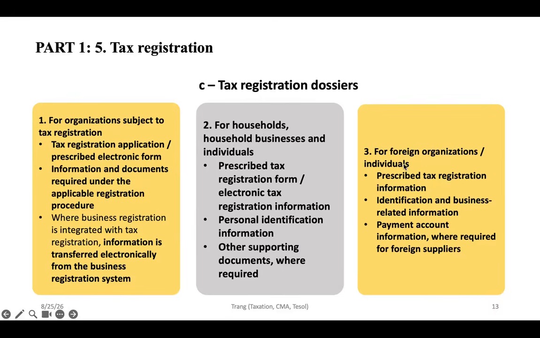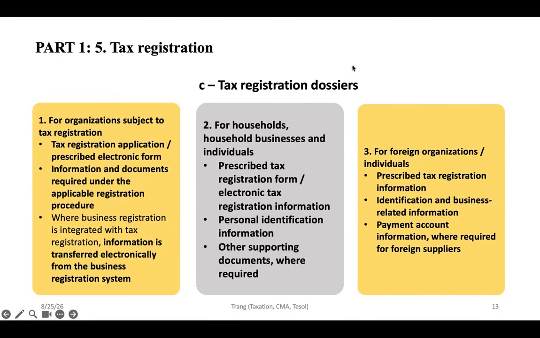Finally, let's look at the third group, which is highly relevant for cross-border operations: foreign organizations and individuals. They need to provide prescribed tax registration information. They must also submit clear identification and business-related information to prove their legal identity abroad.